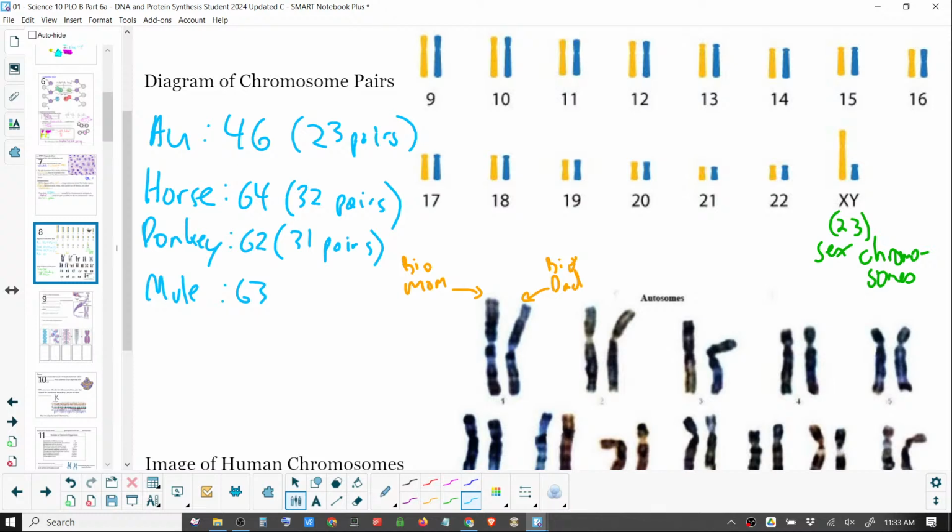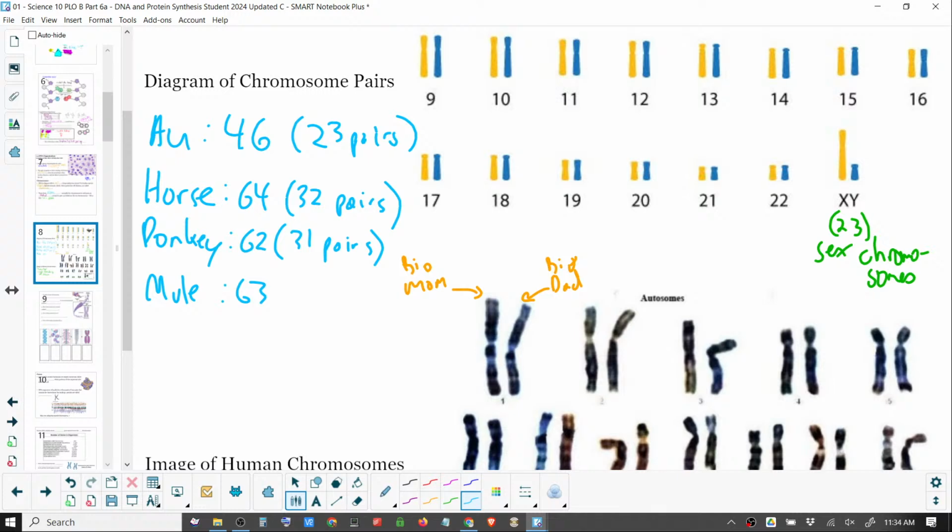And so when a mule undergoes meiosis, it can't have viable sex cells because it's not going to undergo meiosis properly. There's going to be one missing. It's a random amount from the horse and donkey. This, by the way, is an incredibly rare thing to happen. Most species, if you have a different number of chromosomes, you do not get viable offspring. That is a way that speciation can happen.